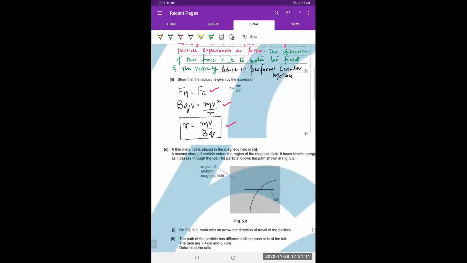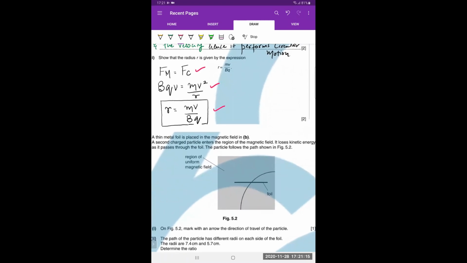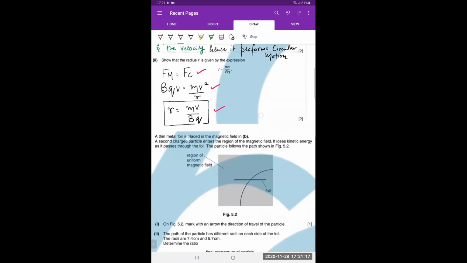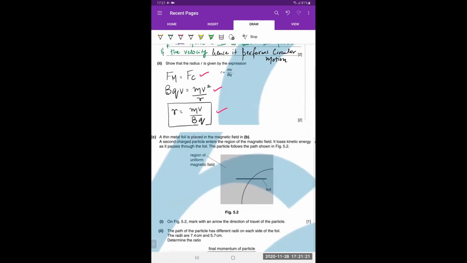Okay, look at part C. Look at it carefully. This part has actually been repeated 2-3 times in your papers. Part C, that is. The question says, a second charged particle enters the region of magnetic field.